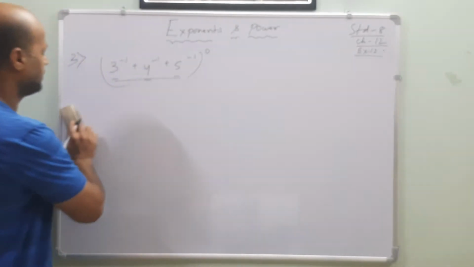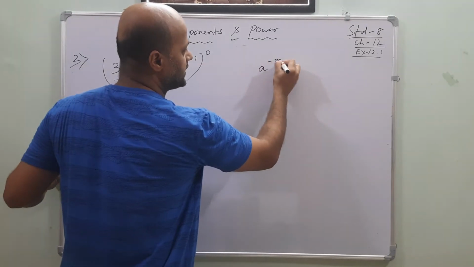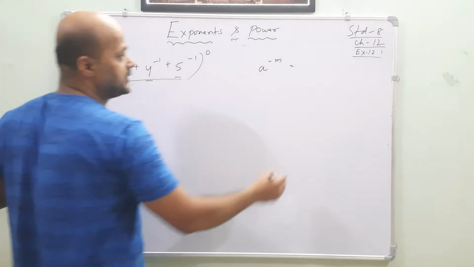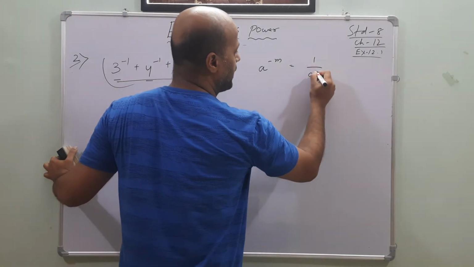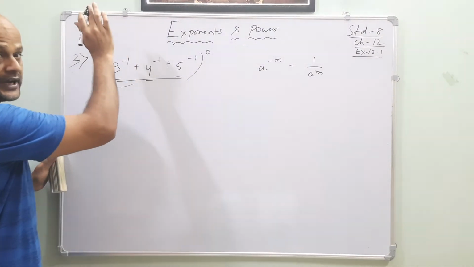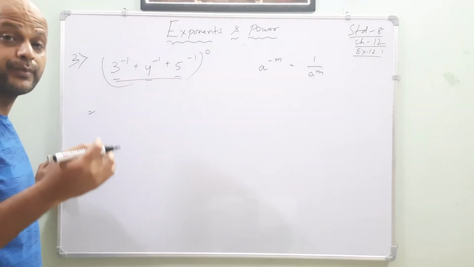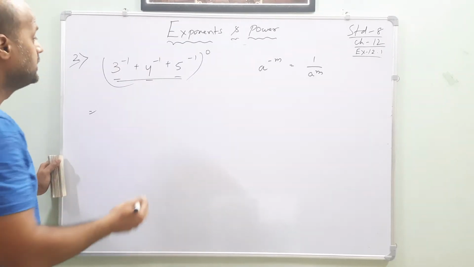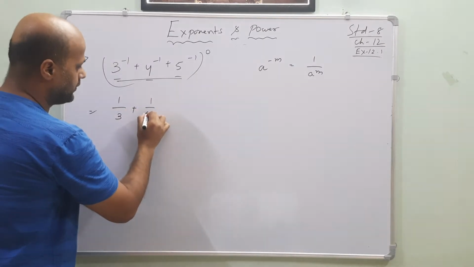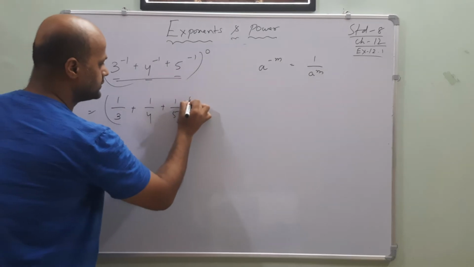So, what is the formula? a power of minus n is equal to, yes, very good, Sweta, 1 by a power of n. Put it here. If you take out the minus from the power, it will be 1 by 3 plus 1 by 4 plus 1 by 5 whole power of 0.